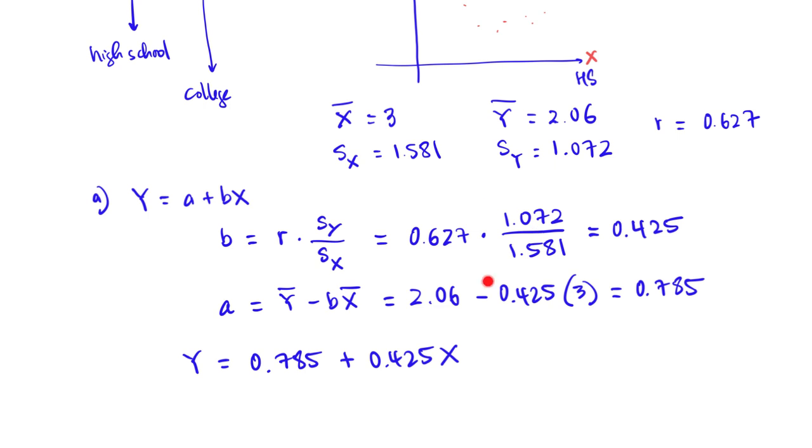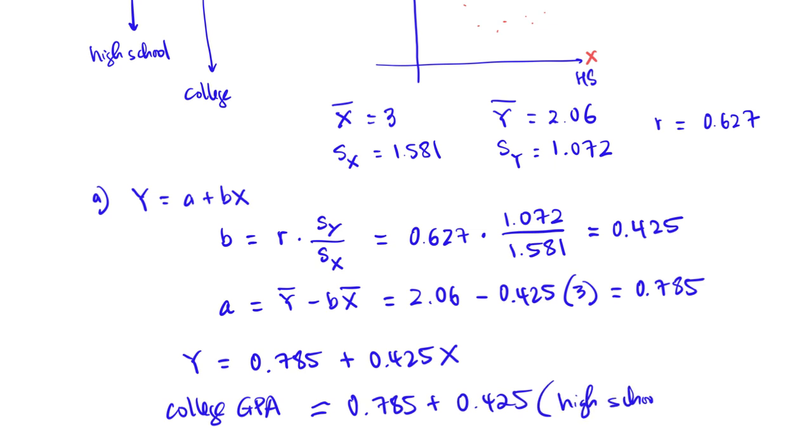Always set up the computation first before using a calculator, and clearly label the 5 statistical values with their corresponding symbols: x bar for the mean, y bar for the mean, s sub x for the standard deviation, s sub y for the standard deviation, and r for the correlation coefficient. Remember that y predicts the college GPA: 0.785 plus 0.425, and x represents the high school GPA.